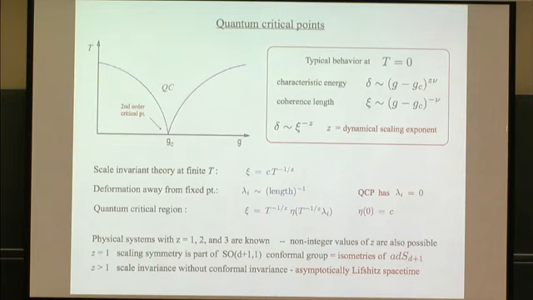The overall scaling will be determined by the temperature, and then there will be some dimensionless combinations here. You'll have some scaling function that you are then interested in computing in each case.